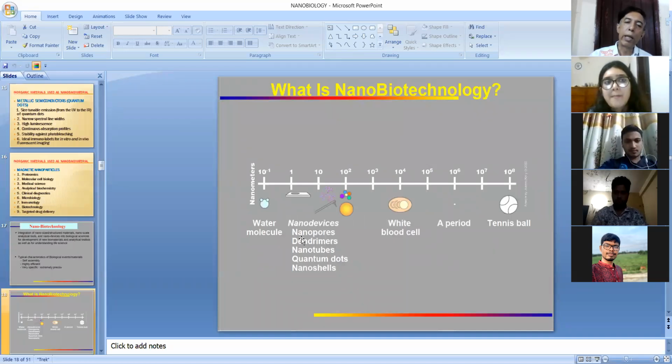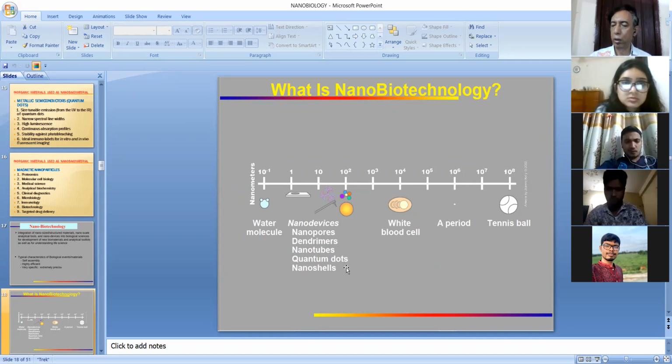Then there are nanopores, dendrimers, nanotubes, quantum dots, nanoshells. They are all used mainly to deliver medicine in a specific region.